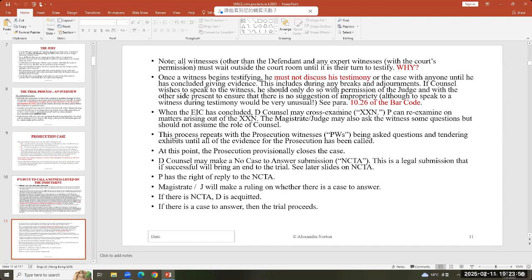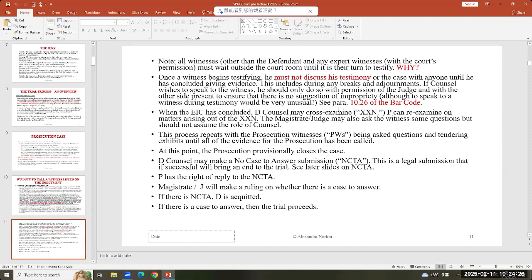Now, when a witness is testifying, all of the other witnesses in the case must stay outside of the courtroom. That is so that they are not influenced by the testimony of another witness. The only witness that can remain in the courtroom is the defendant, if he's going to testify, obviously because he's the one on trial, so he has the right to be present throughout the duration of the trial.